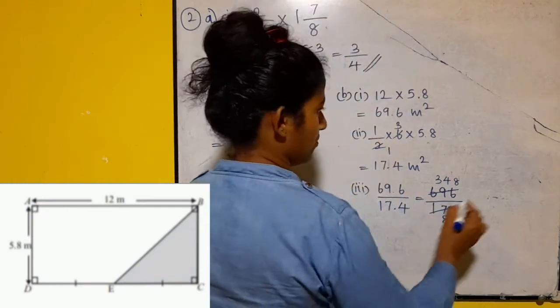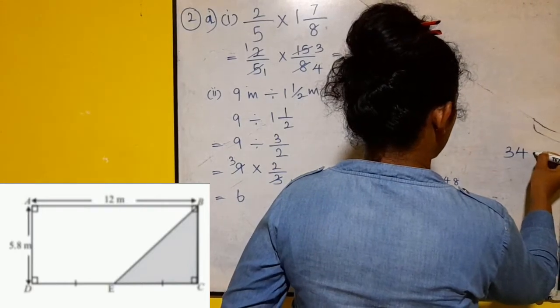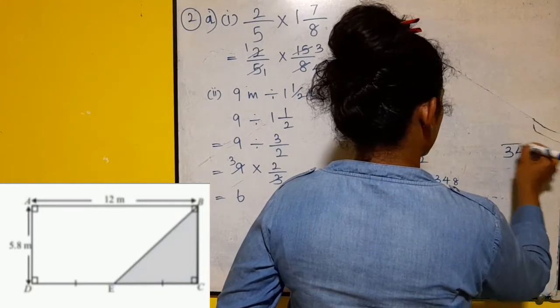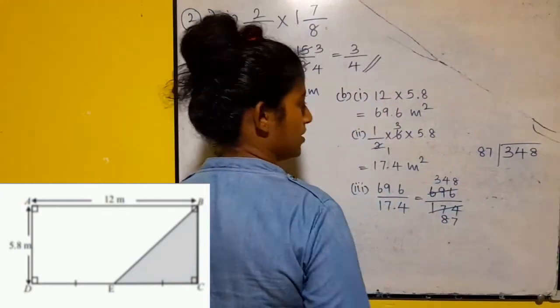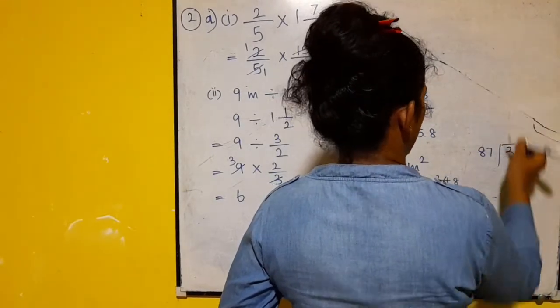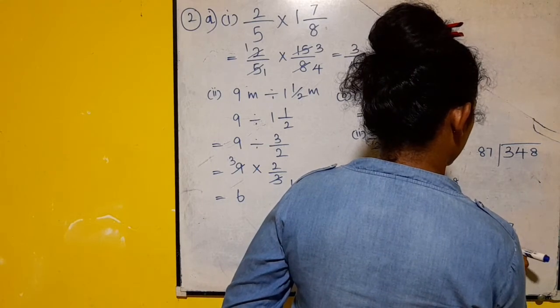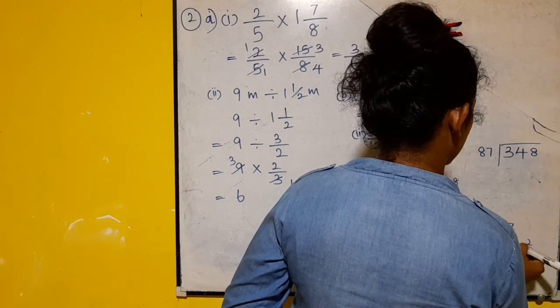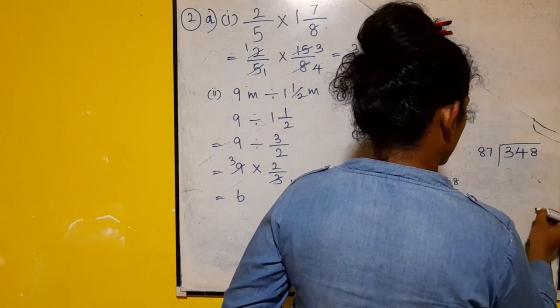87. Now we'll divide 348 by 87. 87 times, I'll take 80. 87 times 3. 87 times 4.